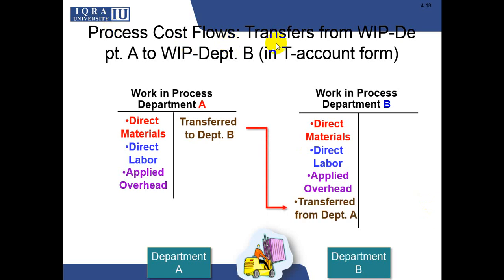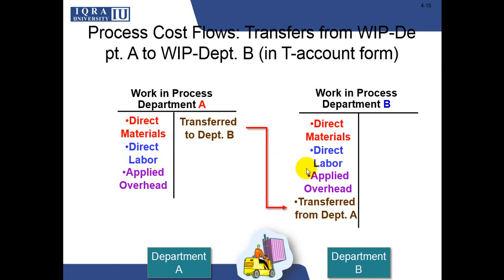Process cost flow: transfer from WIP department A to WIP department B. Okay, in department A, some work is performed and then it is transferred to another department.